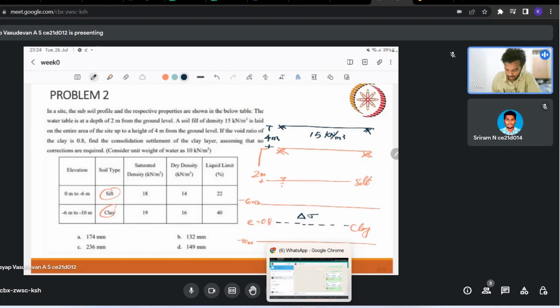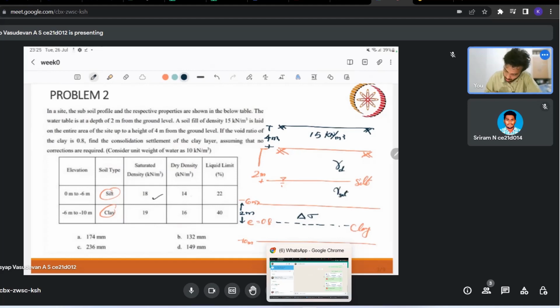So we'll consider the middle of the clay layer, which is at a depth of, since this is a total of 4 meters, 2 meters. We can find this because we know the density of the silt layer, both dry and saturated.